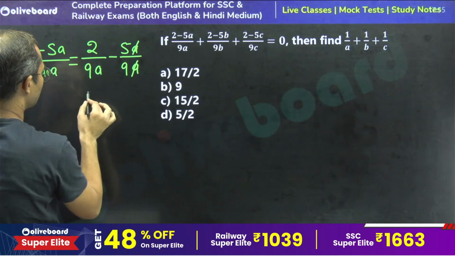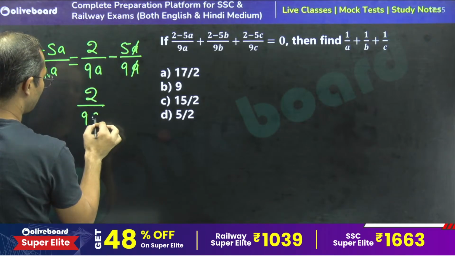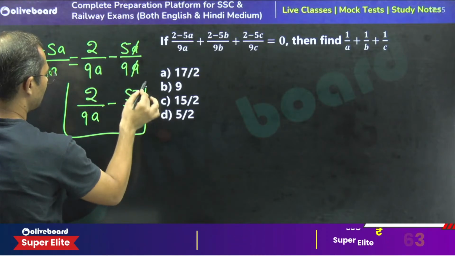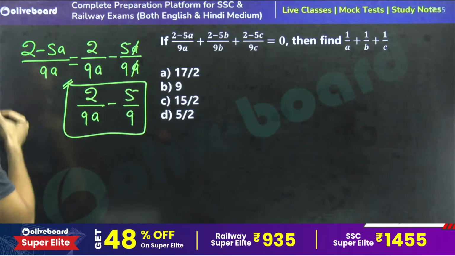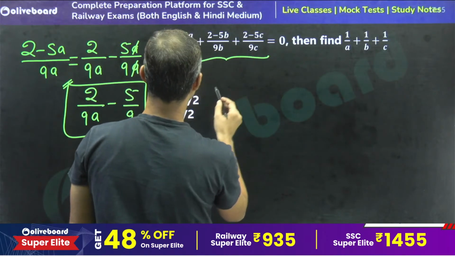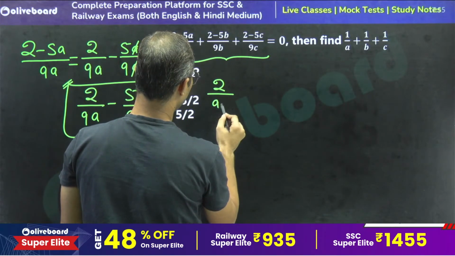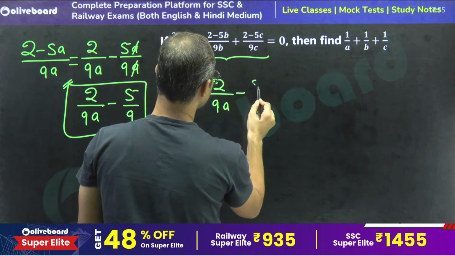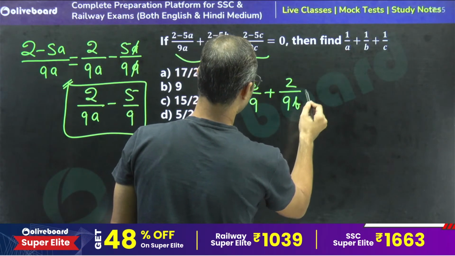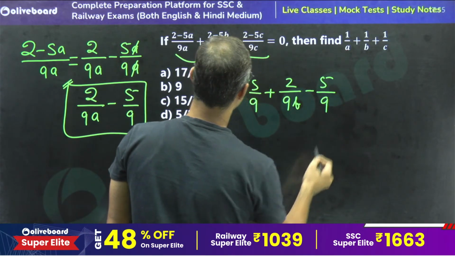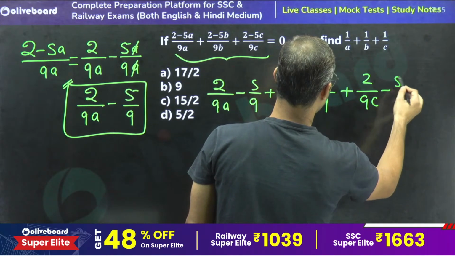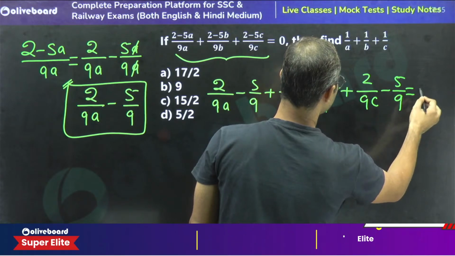A would get cancelled, so 2 upon 9a minus 5 by 9. So for the complete expression, 2 upon 9a minus 5 by 9 plus 2 upon 9b minus 5 by 9 plus 2 upon 9c minus 5 by 9 is equal to 0, right?